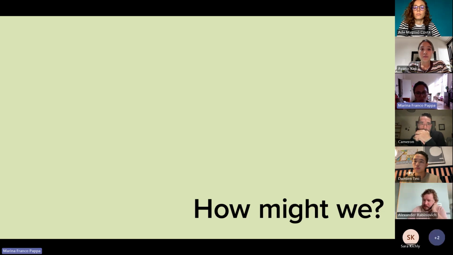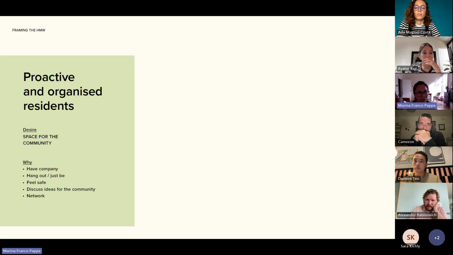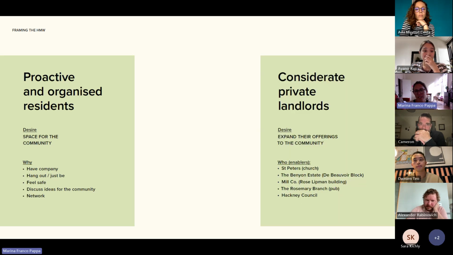And there was a different way of looking at this. So basically, I realized that on one side we have proactive and organized residents who want a space for the community. On the other side, we have some very considerate private landlords, for example, Paul, who was there at the workshop, and who are really willing to expand their offerings to the community.